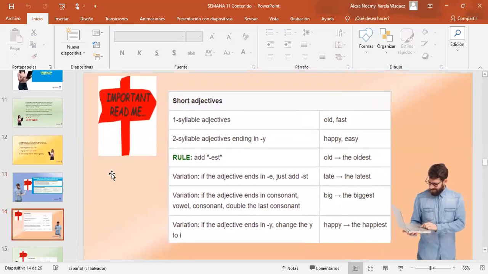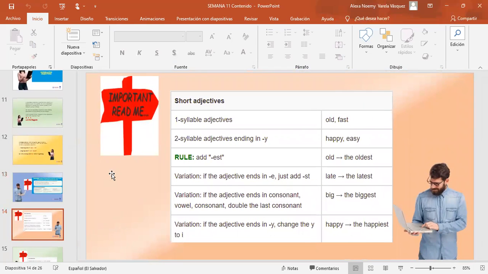Here, guys, I present to you some rules with short adjectives, with one syllable adjectives, okay? For example, here we have old and fast. You can see that there is just one syllable in these adjectives.